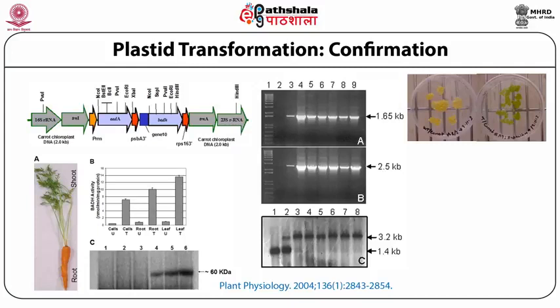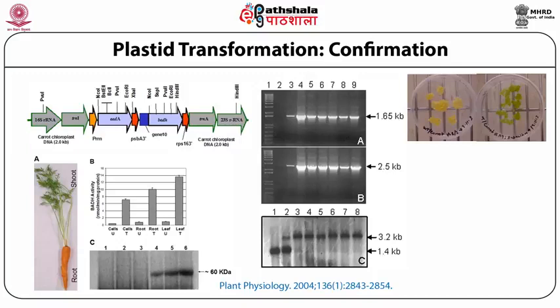For example, in the first panel, panel A on the left-hand side, this is a simple PCR. We can confirm by landing our primer on the gene of interest.